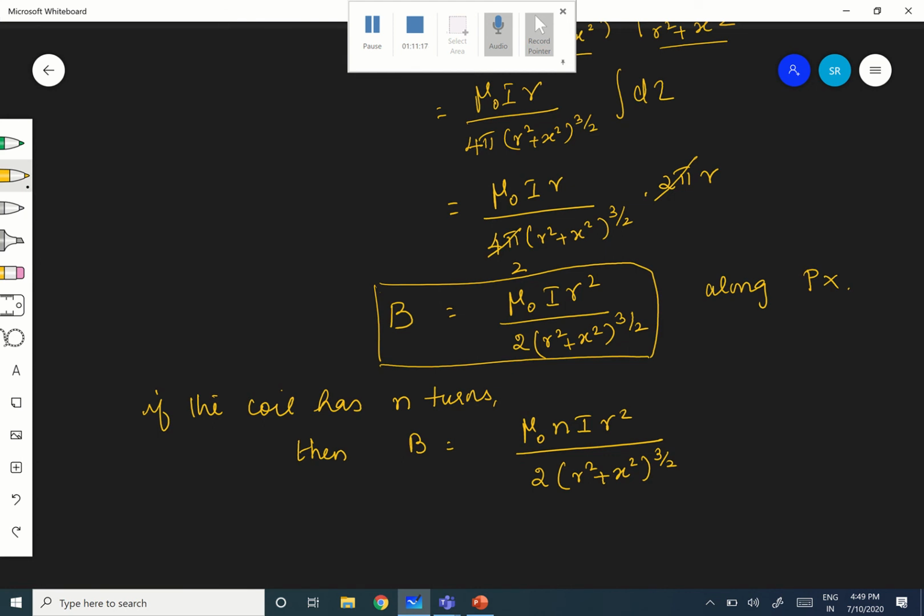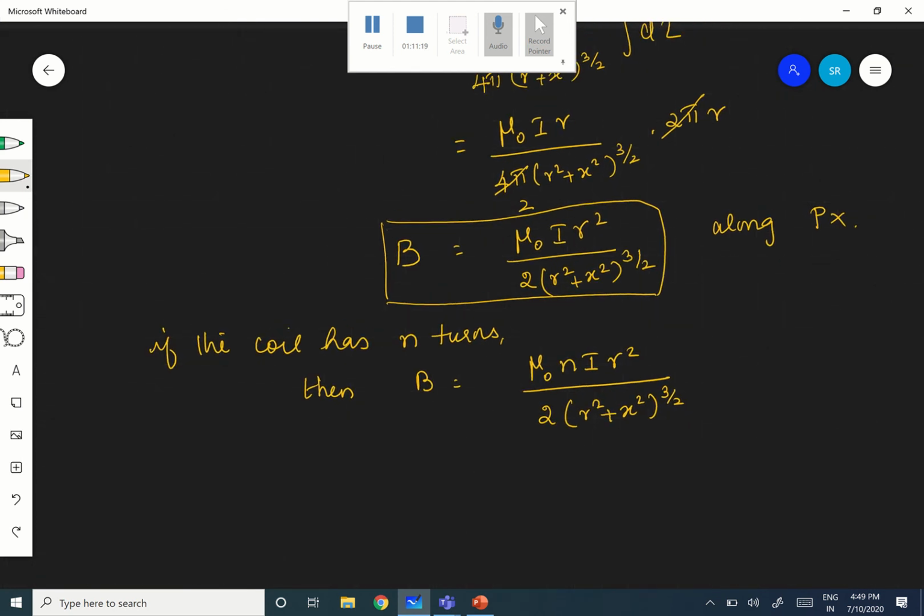Now let us go for special cases. Anyhow, time is up. Special case number 1: when the point P lies at the center of the coil.